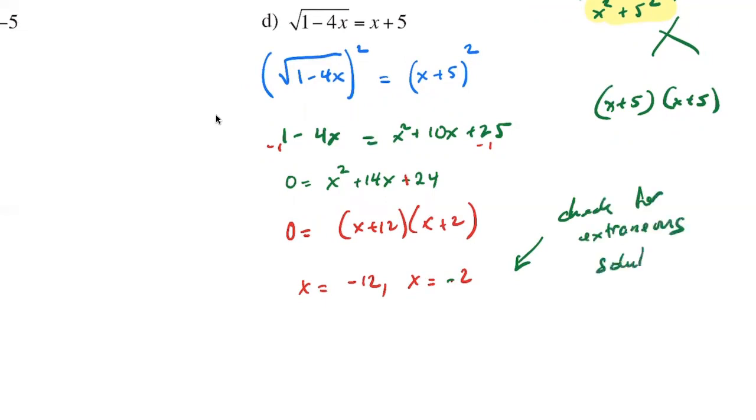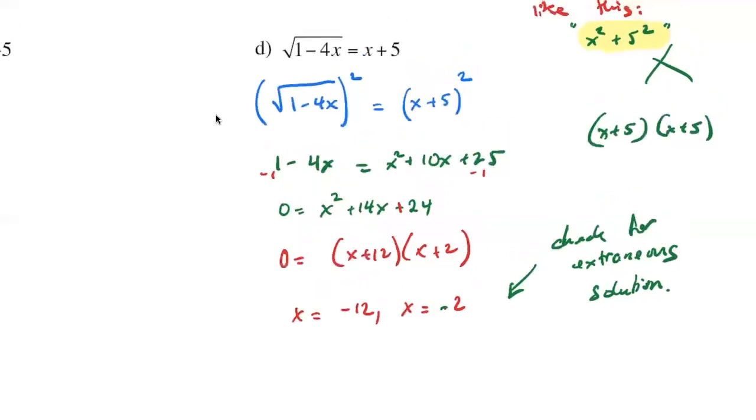Sometimes we have one solution not working and another one working. Which one do you think might not be a solution here? The negative 12 or negative 2? Any thoughts? Negative 12. Yeah, because if we plug in negative 12, don't we get a negative 7 on the right-hand side here?